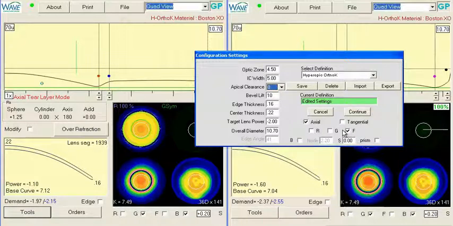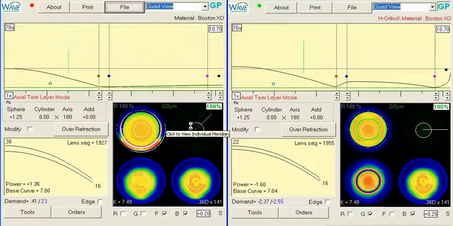We're going to do freeform, and we're going to add prism. And we're going to add our asphericity and turn off the blending.